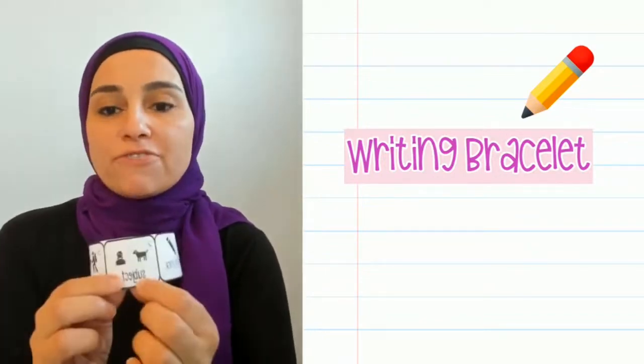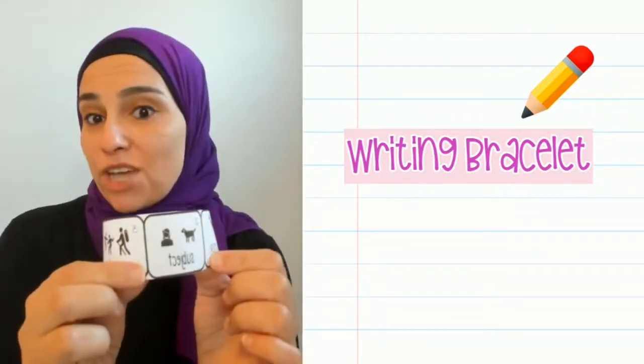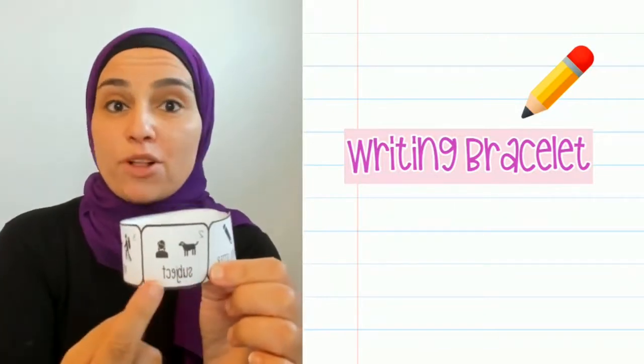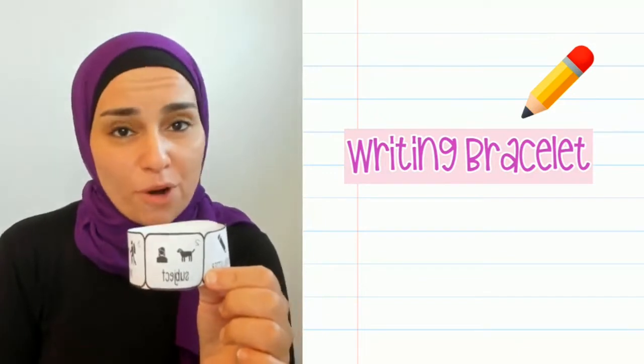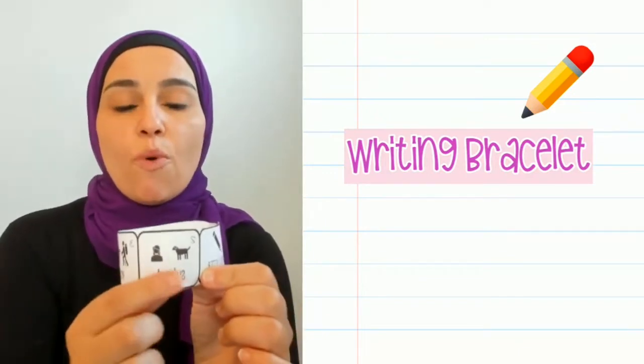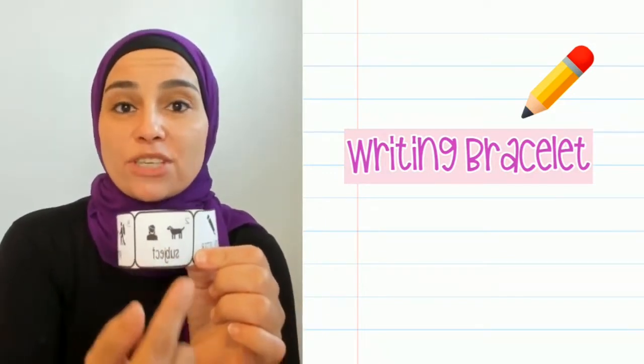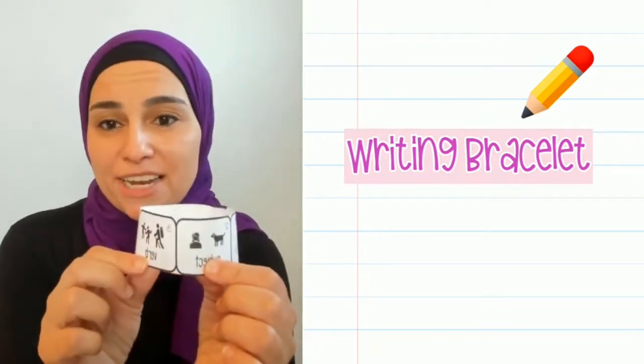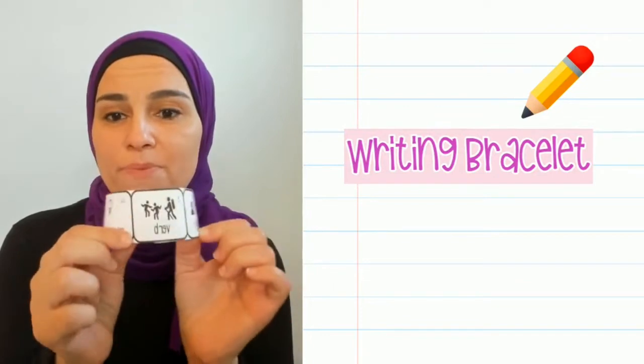Number 2, you have to start with the subject. The subject is a noun, right? So the subject can be an animal, a person. It also can be a pronoun, right? So you go over the fact that we start with the subject. There are illustrations here that are very simple and easy for your students to remember.